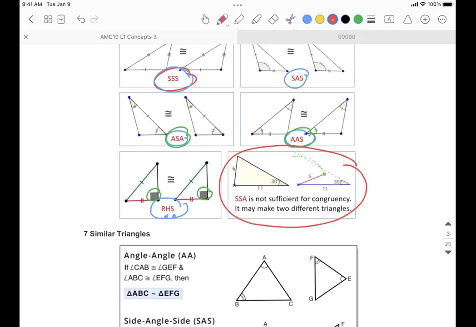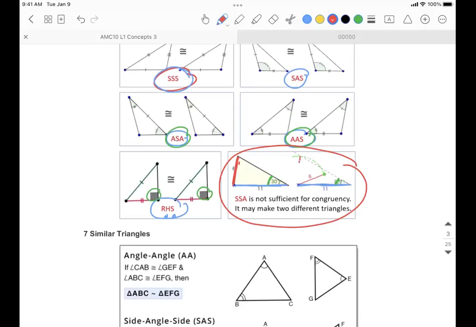Because I can give you an example. I have two triangles. They both have, here, the blue ones, 11. And they have this green angle equal to 30 degrees. And the other one is 6 in terms of measurement. However, you can actually create two triangles that are facing the same condition.